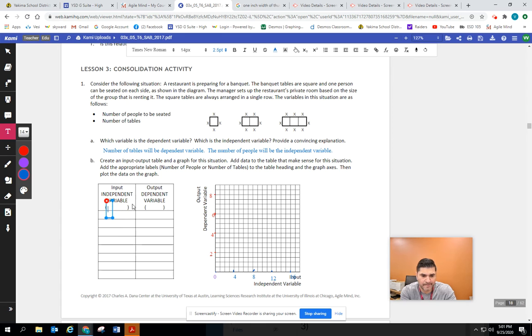You know what, I'm just going to type in people. And the dependent variable will be the number of tables. Okay, so if we have 4 people showing up, sorry guys, give me a second here.